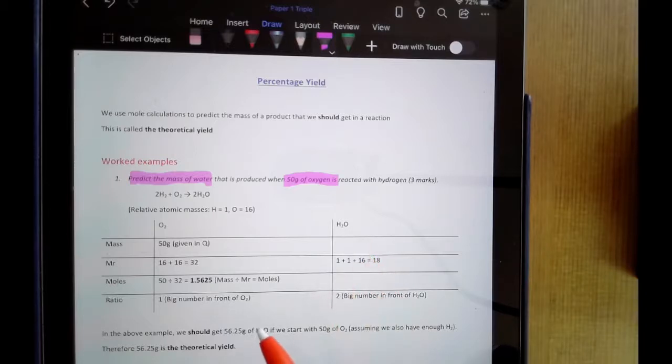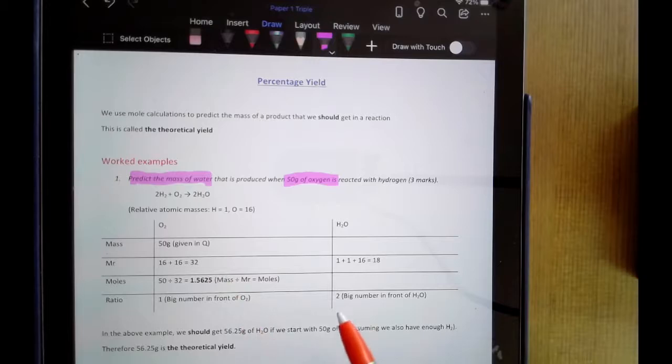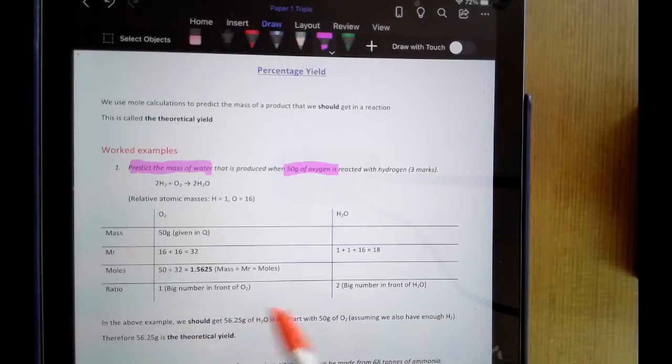What I do have, though, is a balanced chemical equation, and I can use that to work out the ratios. There is no number in front of oxygen, which means the ratio is just 1. There is a large number 2 in front of H2O, which means the ratio is 2. That means that if I had 1 mole of oxygen, I would produce 2 moles of H2O.